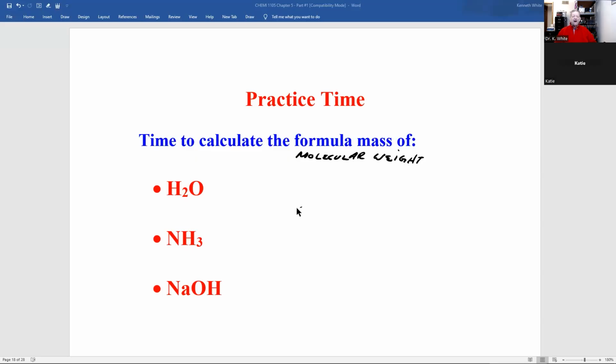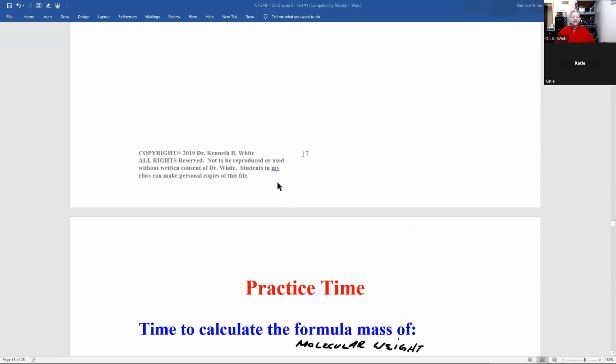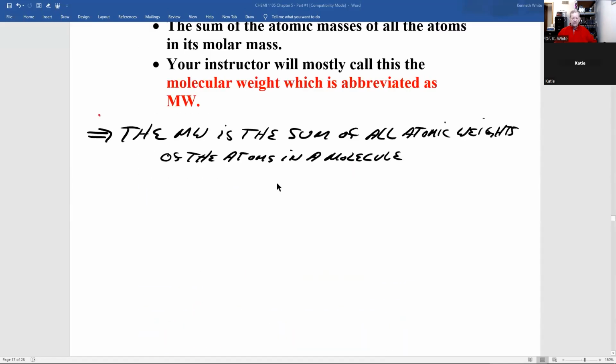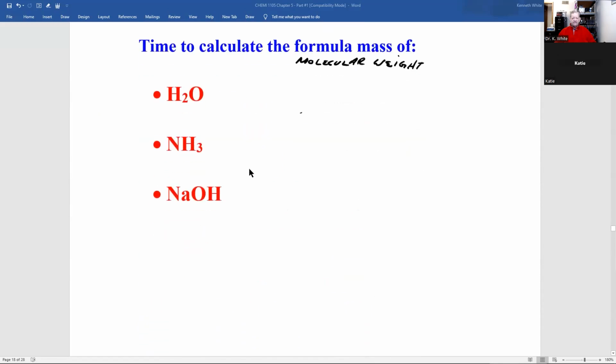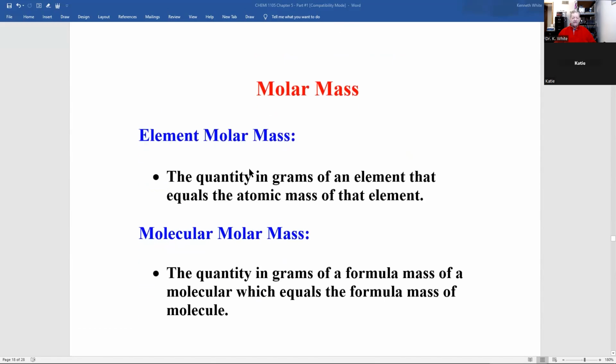Now, we were talking about molecular weight, which is the sum of all atomic weights of the atoms in a molecule. And the atomic weight you get from the periodic table. And we did our practice time.